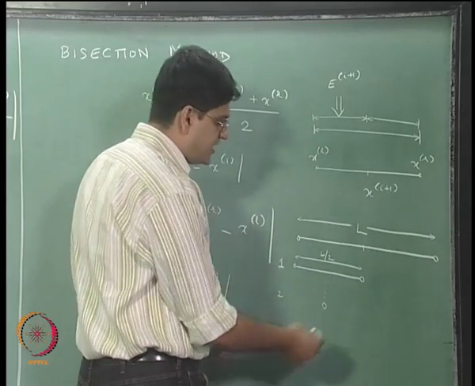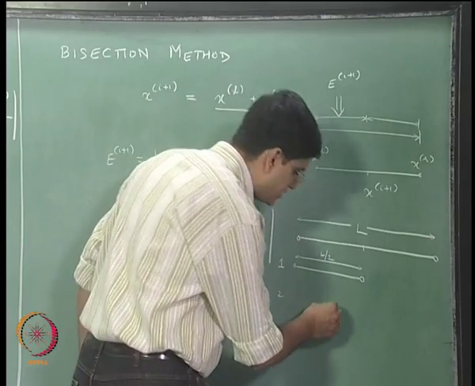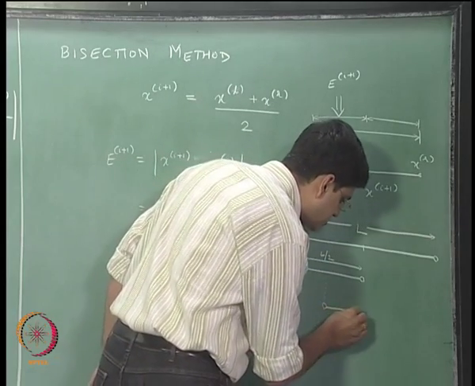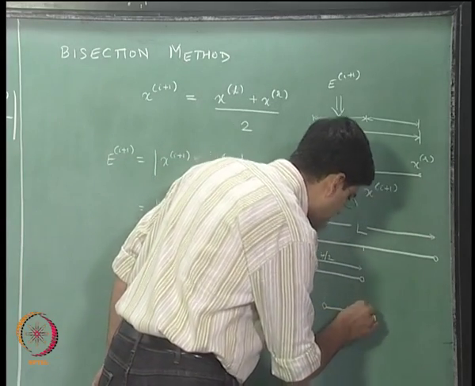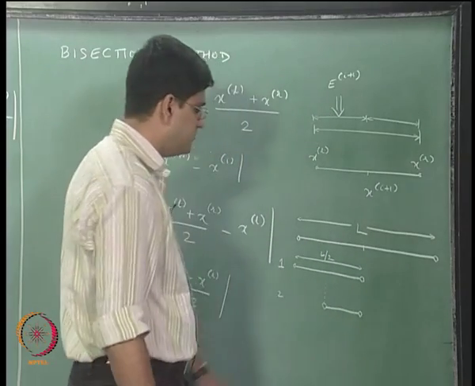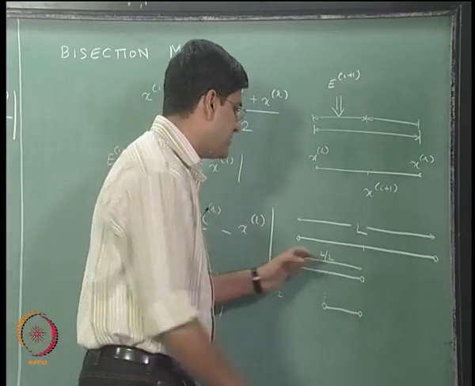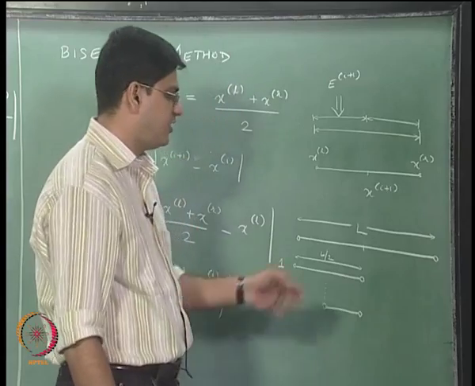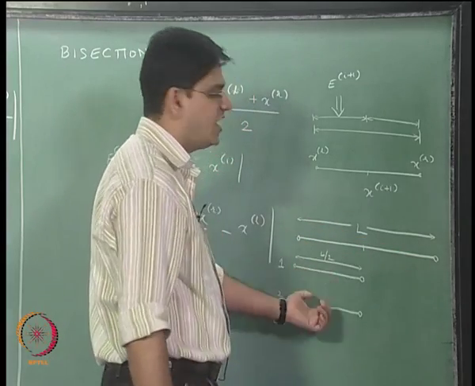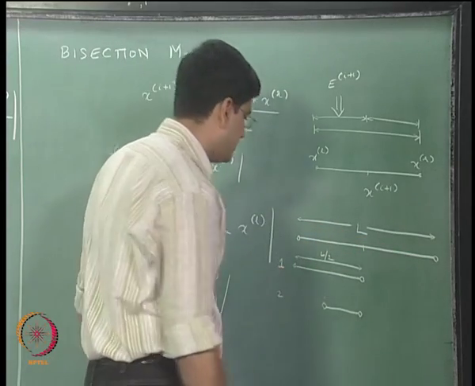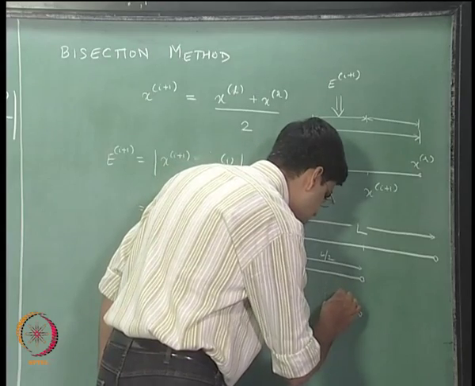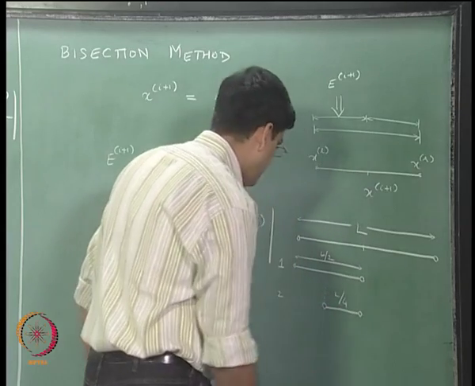Let us argue that on this occasion it is the xl that is dropped, and x3 becomes equal to xl. In that case we get this particular segment, irrespective of whether we retain the left half or the right half of the segment. We have essentially half the length that we are interested in. So this has become L by 4.